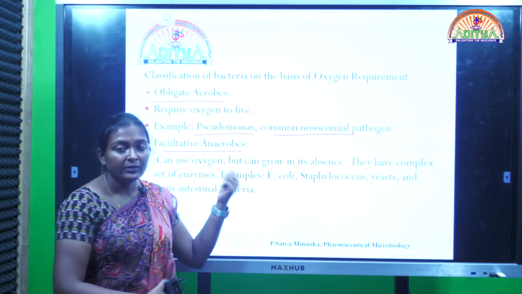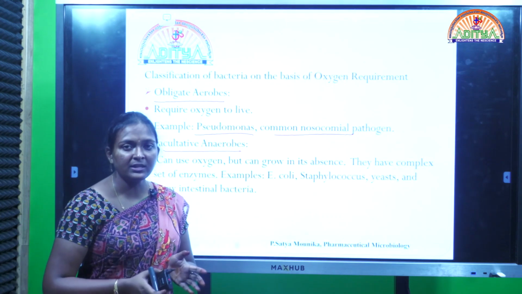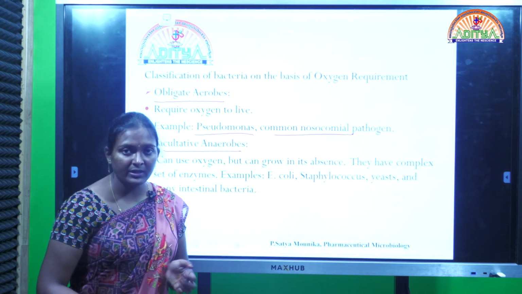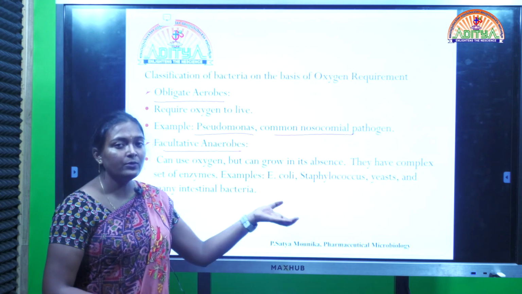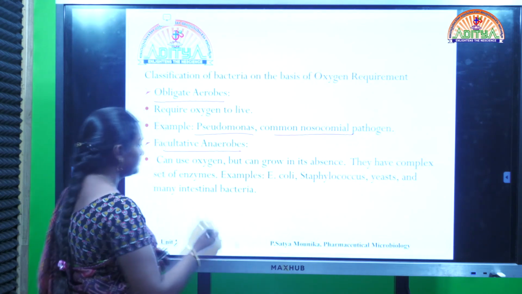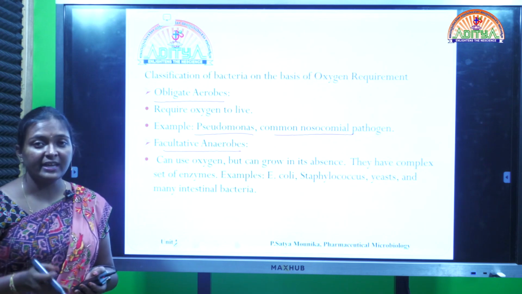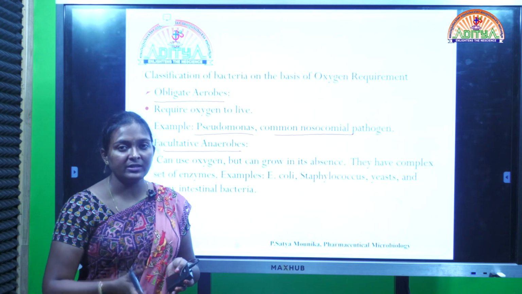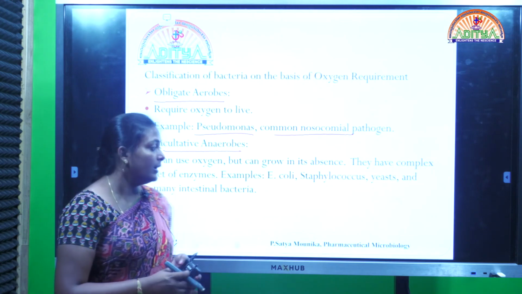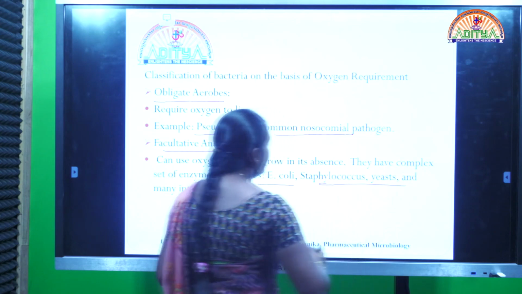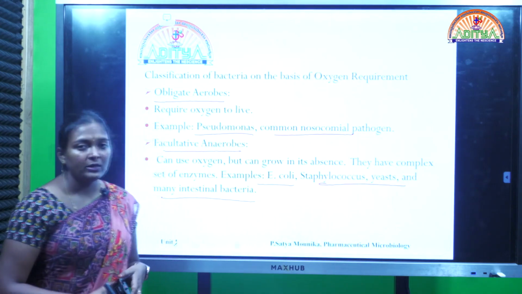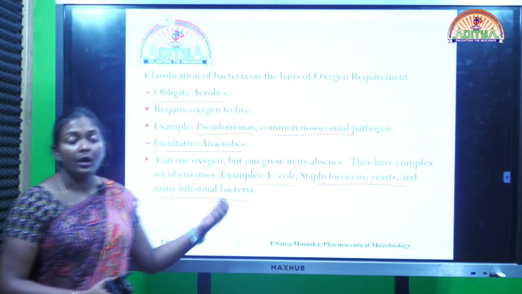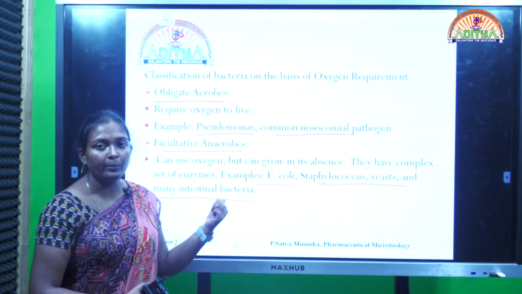Here, if oxygen is present, they would survive, but even if oxygen is not present, they would still survive. They have a complex set of enzymes so that the cell is prepared even in the absence of oxygen, and they can properly maintain their functions. Examples of this type are E. coli, Staphylococcus, yeast, as well as other intestinal bacteria included in our microbiome.